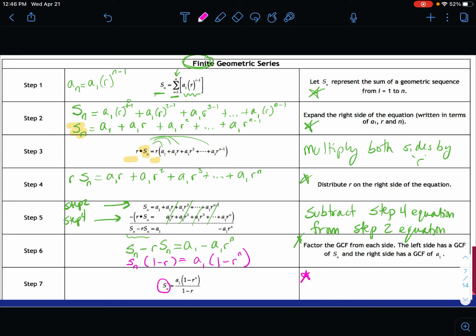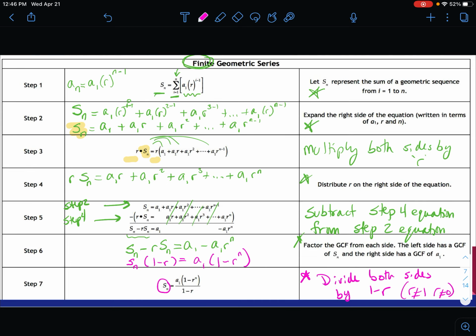So that's our direction here, as we divide both sides by 1 minus r. We need to remember that r cannot be 1 and r cannot be 0. If we go ahead and plug in those values, we're going to see we're going to have some issues, and we're going to get into that more later. But those are the restrictions for the value of r.